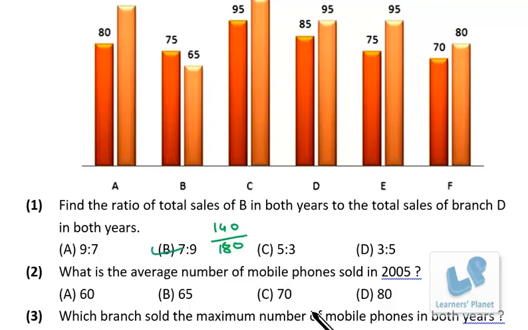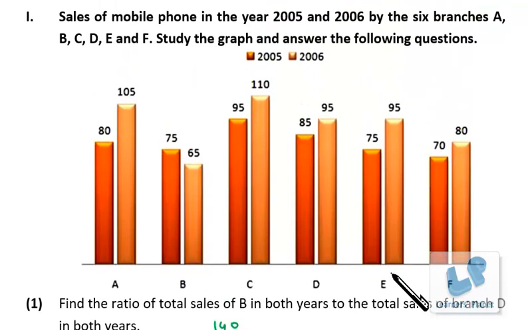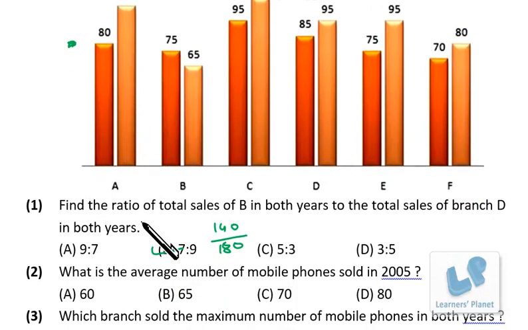What is the average number of mobile phones sold in 2005? So 2005, so that is the first one, right? So what we can do, once again, we can go by the deviation method and find out the average. Now, since the numbers are around 70, some are more than 70, some are less than 70, so I can choose the average to be 70.